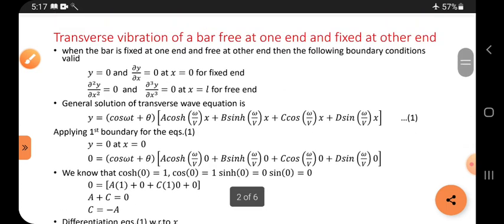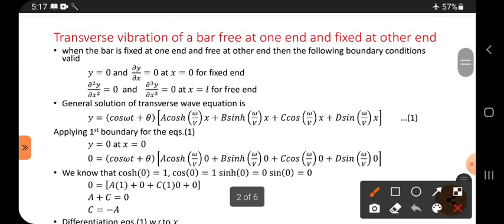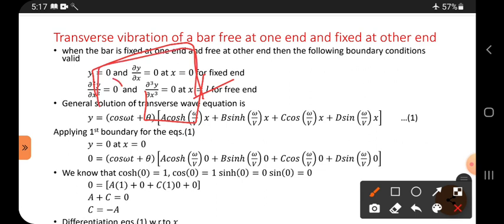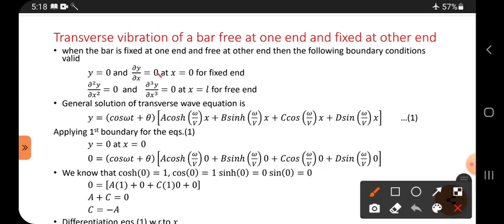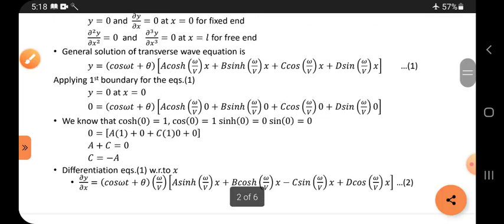Here also we have two combinations: dou square y by dou x square equals 0 at x equals L, and dou cube y by dou x cube equals 0 at x equals L. Let me use the first one, so you have to differentiate y twice, and later thrice.